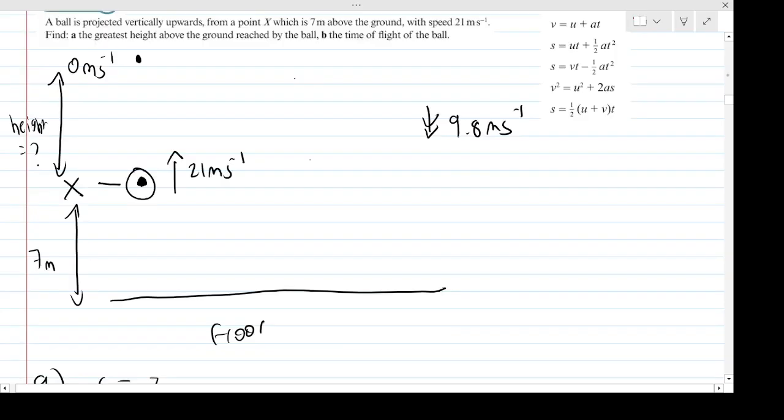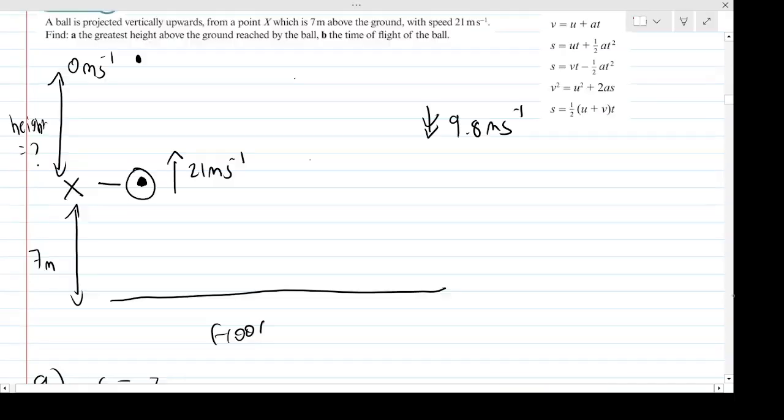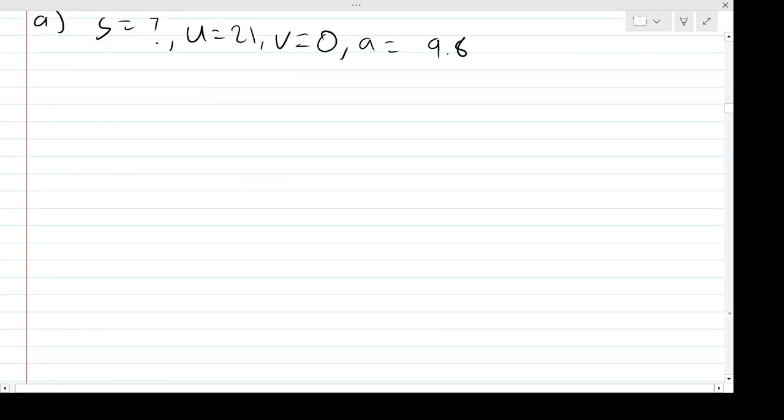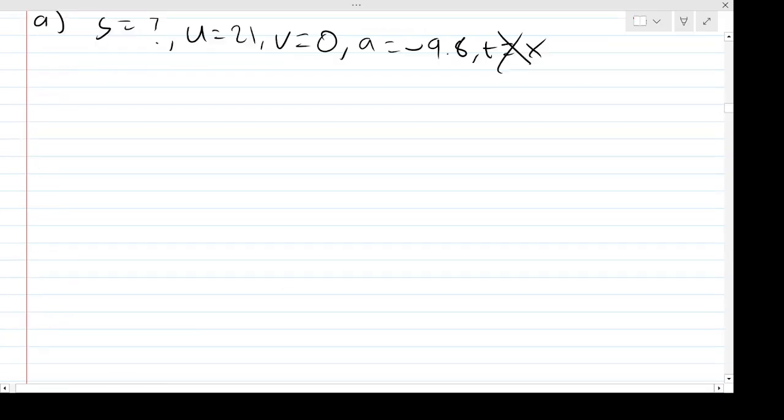The acceleration is 9.8, but because the ball is moving upwards, against gravity, the velocity is upwards but the acceleration is going down. It's in the opposite direction, so we need to make it negative. T, I don't care about here. I want to find S, so which formula does not include T? Again, V squared is U squared plus 2AS.